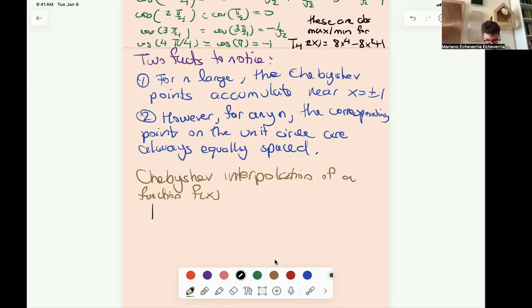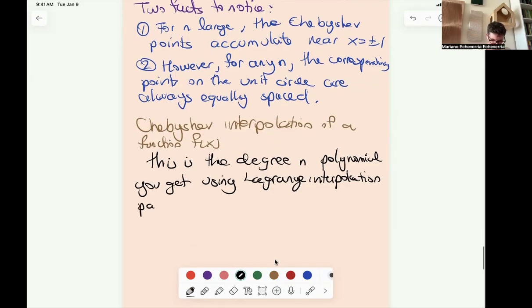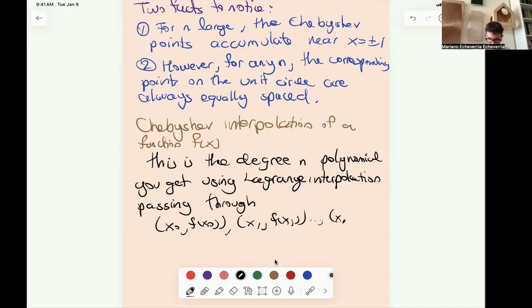So this is the degree n polynomial you get using Lagrange interpolation, passing through (x0, f(x0)), (x1, f(x1)), up to (xn, f(xn)), where x0, x1 up to xn are the Chebyshev points.